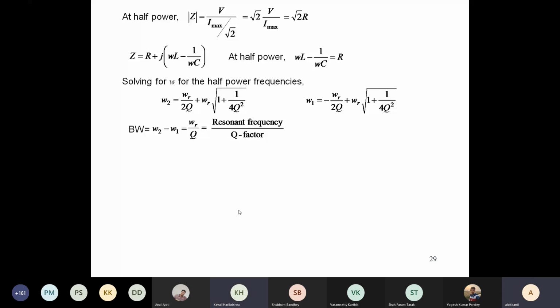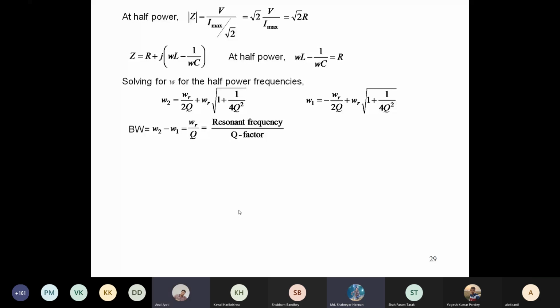Okay, so now see all these phenomena, the bandwidth will depend upon the nature of the curve, and that will depend upon the values of L and C inside the LRC circuit. So the term omega r upon 2q should be the same in both omega 1 and omega 2. The term omega r into the square root of 1 plus 1 by 4q square should be opposite, plus and minus.